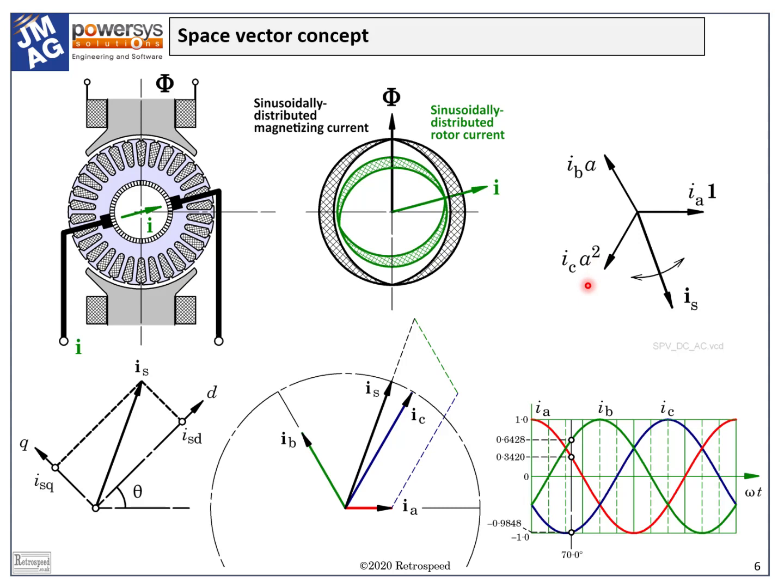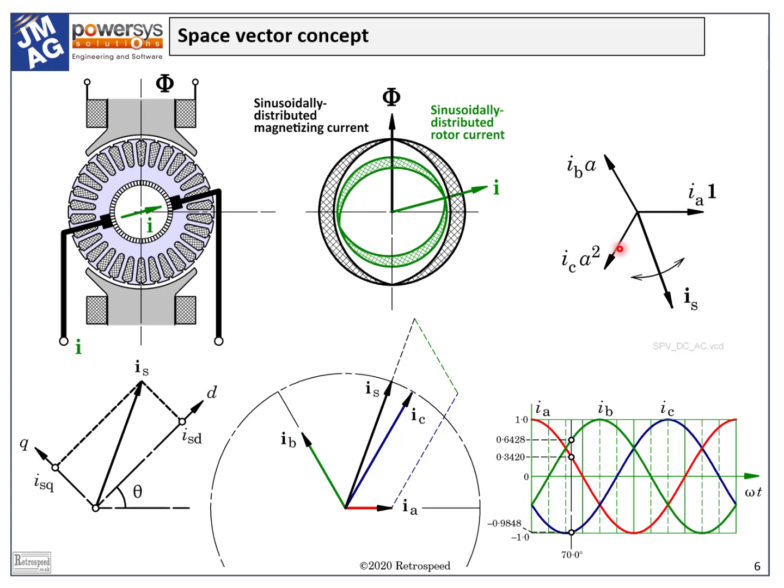Multiplying any complex number by a represents nothing more than a rotation of 120 degrees. The complex numbers 1, a, and a squared all have magnitude 1, and they define a three-phase frame of reference for the three-phase windings and their effects along their respective phase winding axes.